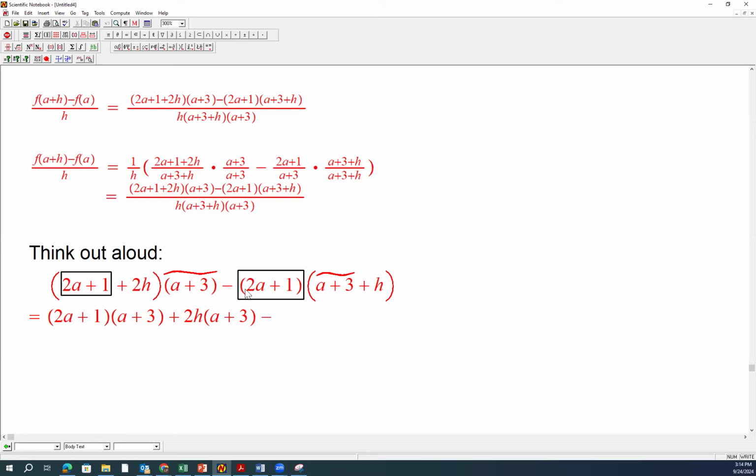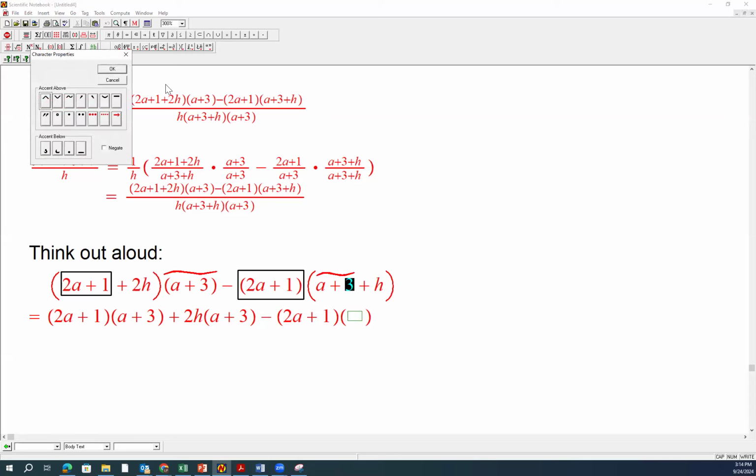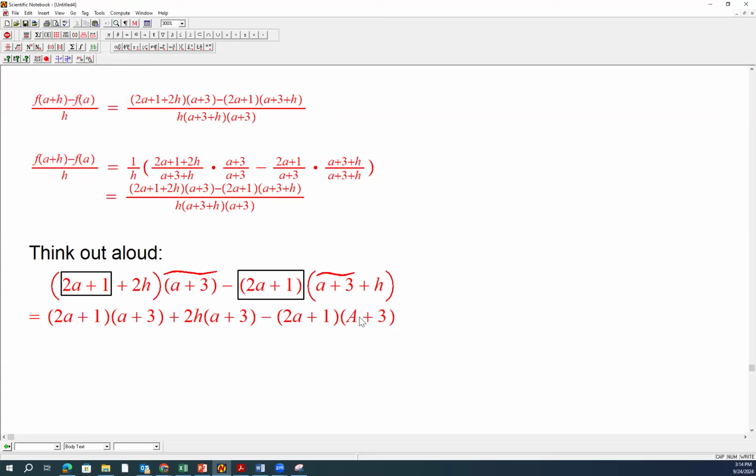Subtracting, I would do 2a plus 1 times a plus 3. So 2a plus 1 multiplied by a plus 3. We take this box to multiply a plus 3 and then to multiply h.